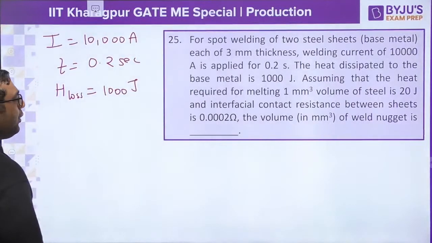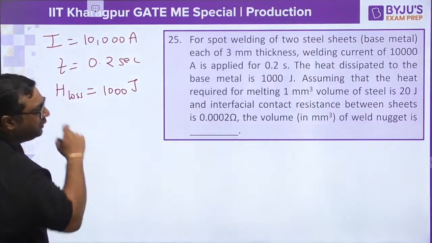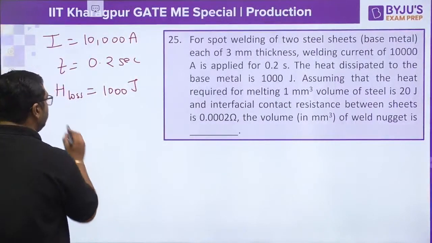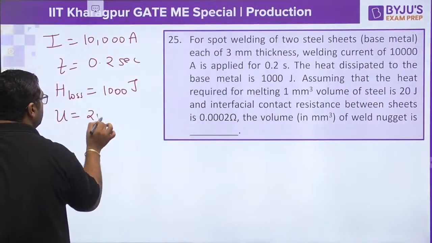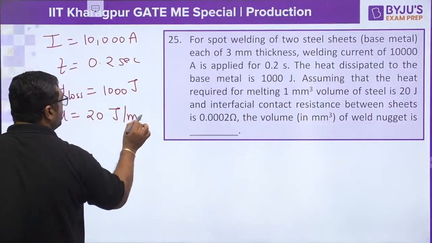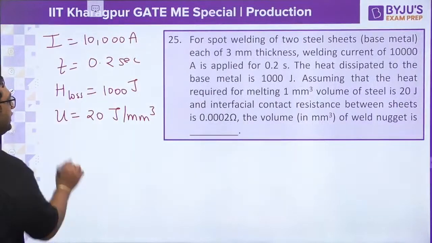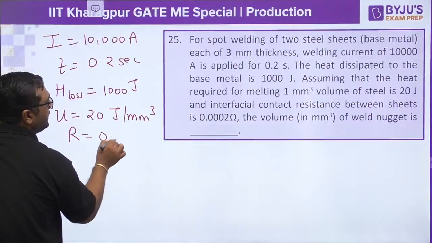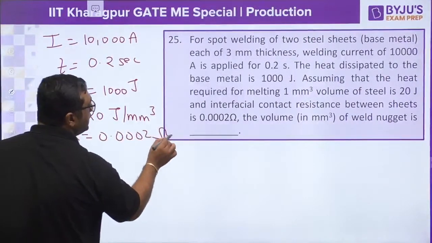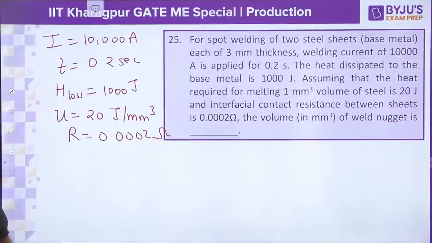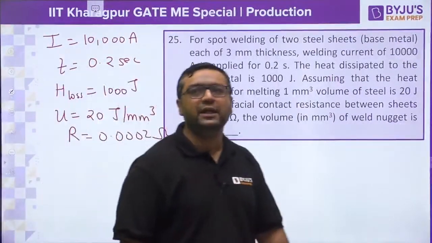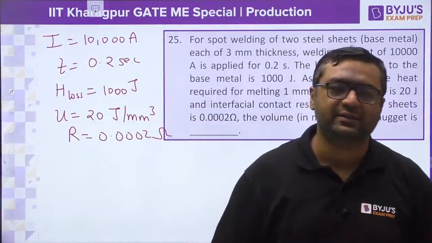Assuming that the heat required for melting 1 mm cube volume of steel is 20 joules, so the heat requirement is 20 joule per mm cube. And the interfacial contact resistance between the sheets is 0.0002 ohms. The volume in mm cube of the weld nugget is?